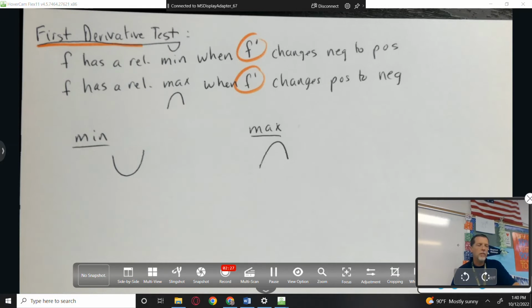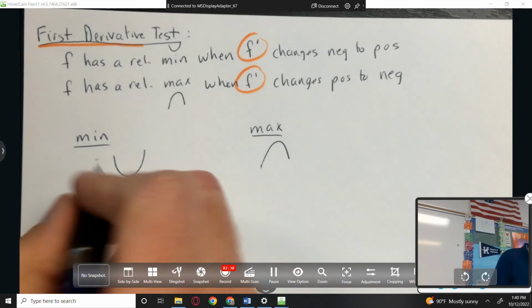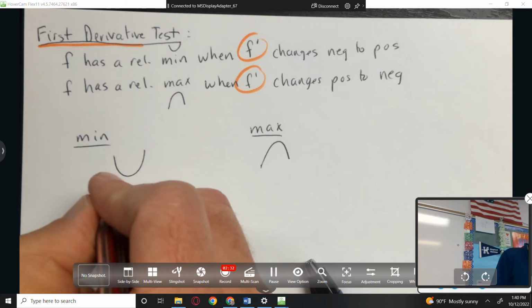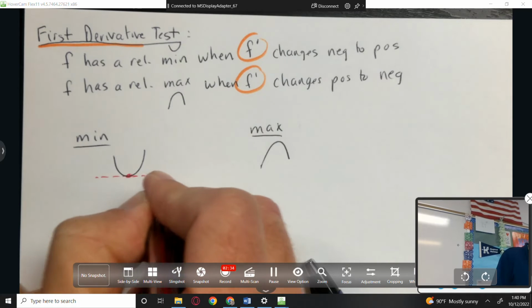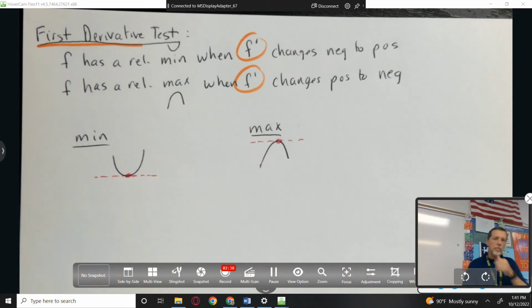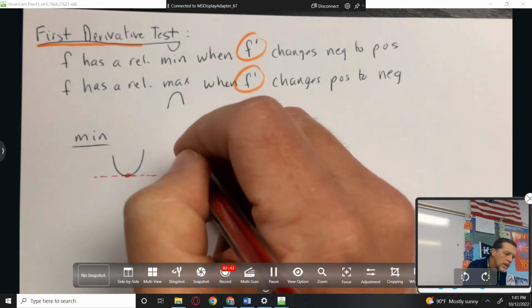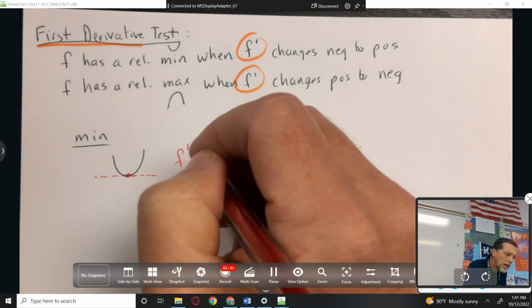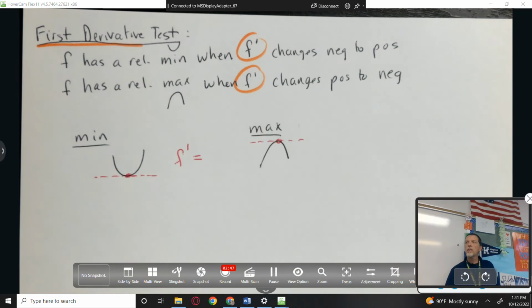So, a picture of a min and a max. There's the min. There's the max. Something they have in common is that F prime equals 0.